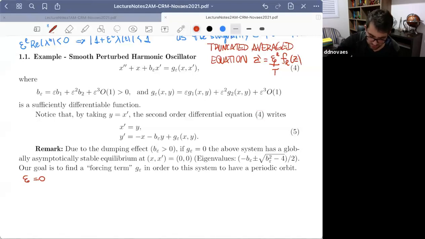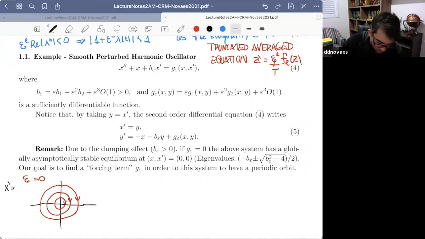For epsilon equals 0, the phase portrait of this system is just the linear center, so every orbit is periodic. This is just x prime equal y, y prime equal minus x. So for epsilon equals 0, all the orbits of the system are periodic.